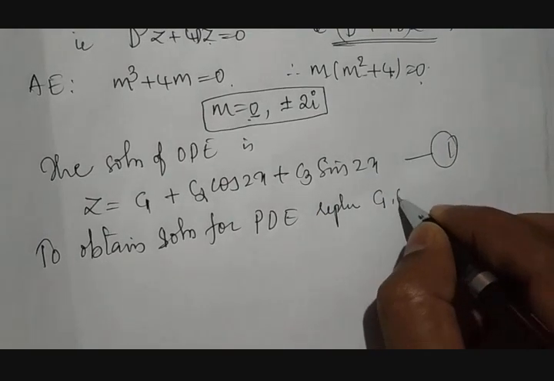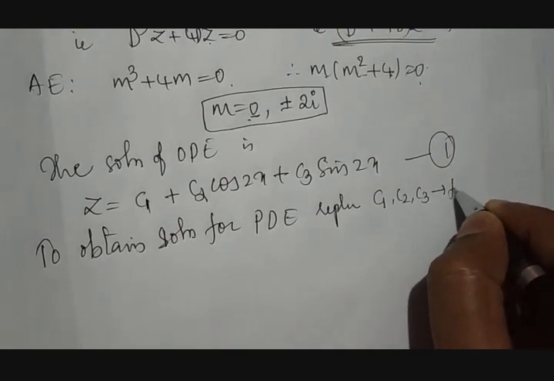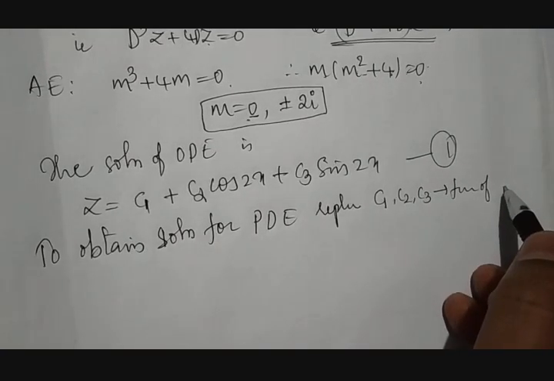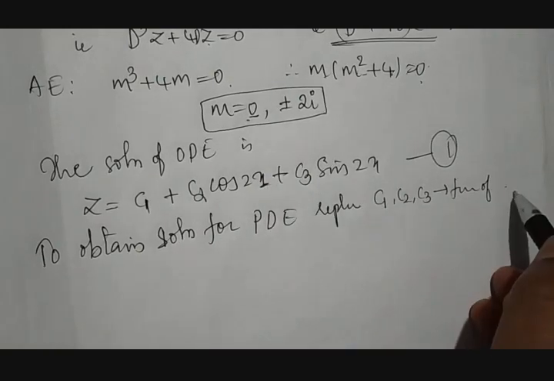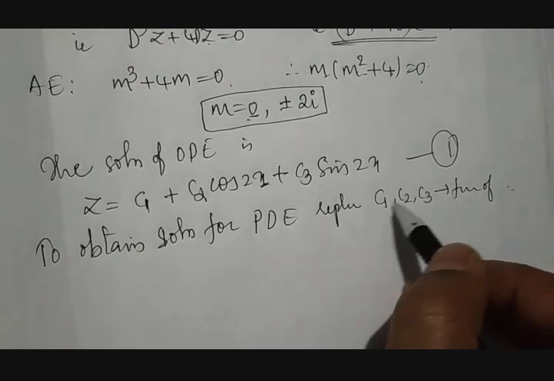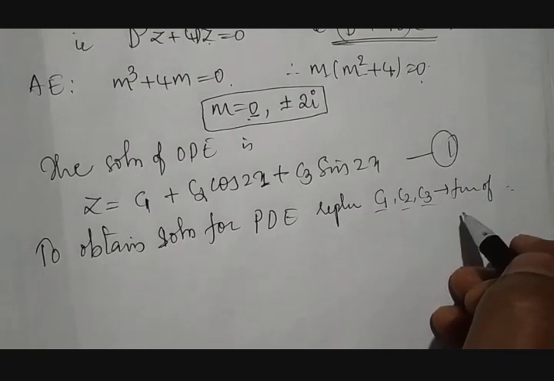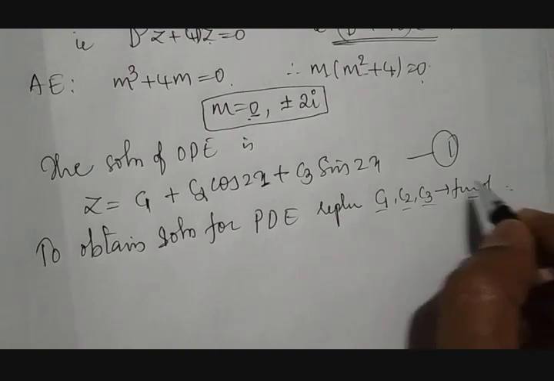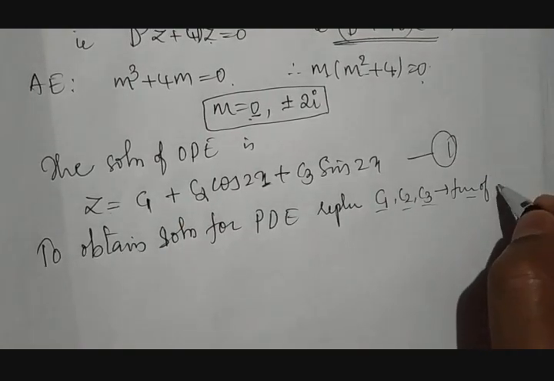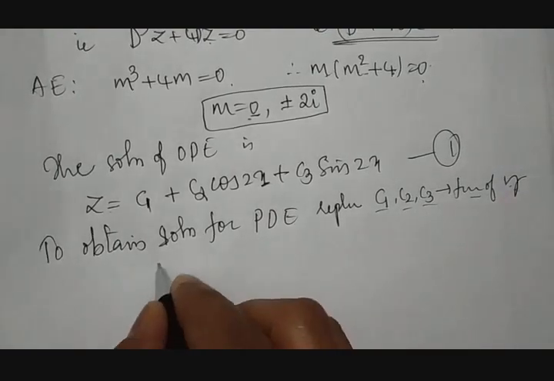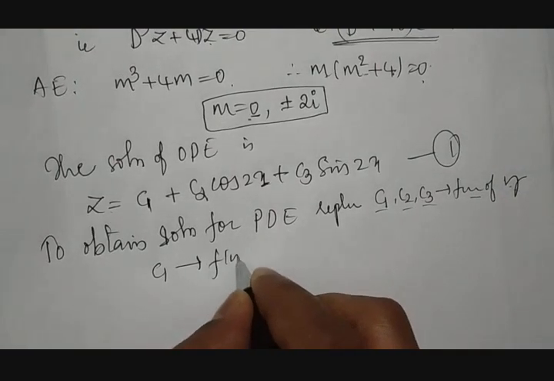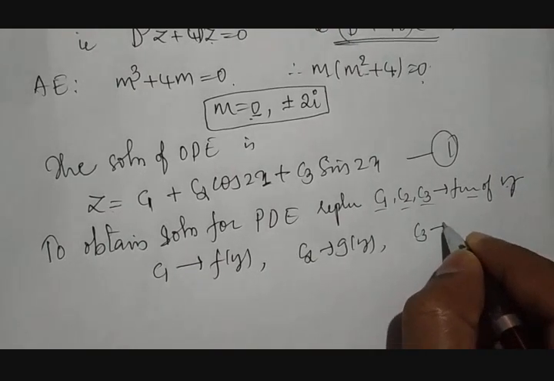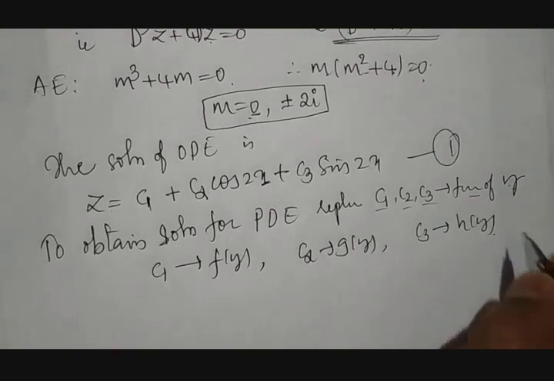Since z is the function and x is the variable, we cannot take functions of z or x, because C1, C2, C3 are arbitrary constants and we need to replace them by arbitrary functions. Therefore, it has to be y. So C1 will be replaced by f(y), C2 by g(y), and C3 by h(y).